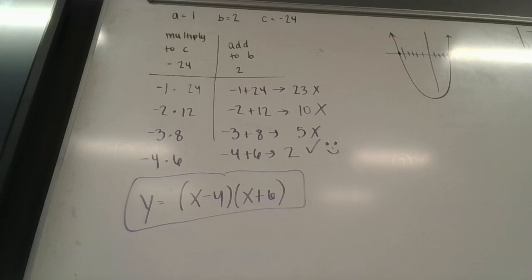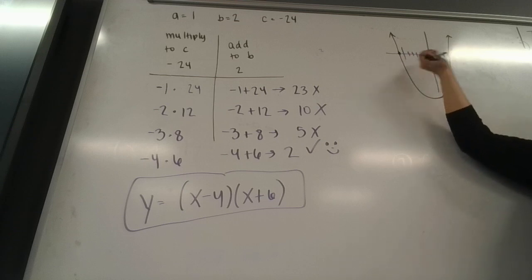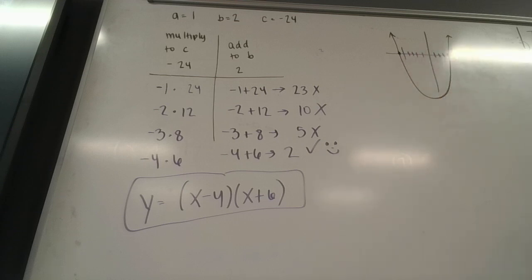Gabe, what's in the middle of -6 and 4? Where's the middle? Oh, we're guessing 5? Where's the middle? Yeah, it would be -1.